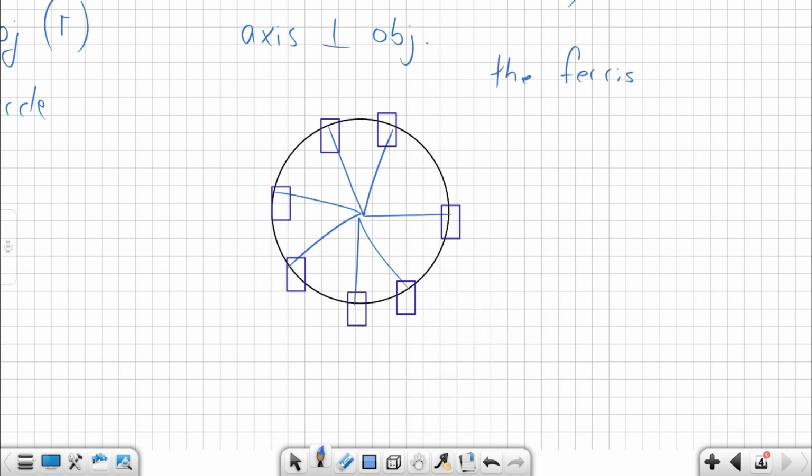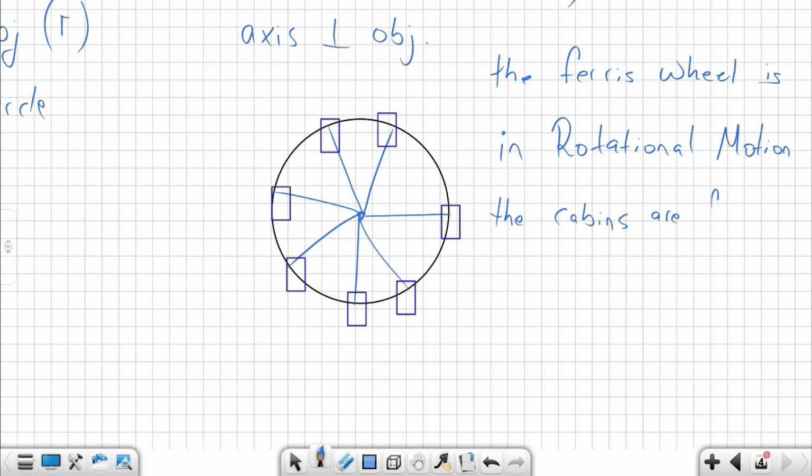The Ferris wheel is in rotational motion, and that is actually the center of the Ferris wheel. But if I choose a cabin, I will see the cabin will follow a circular path. So any cabin actually, cabins are following a circular path. So the cabins are actually in circular motion.